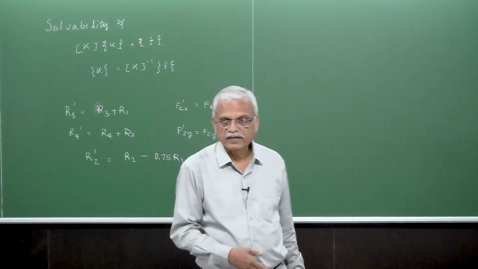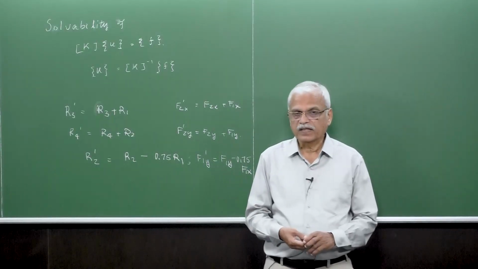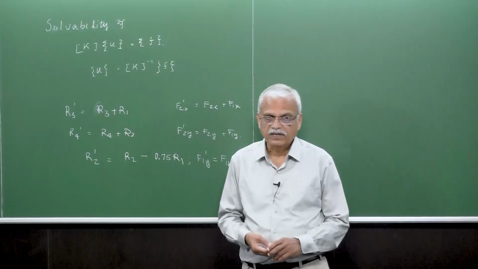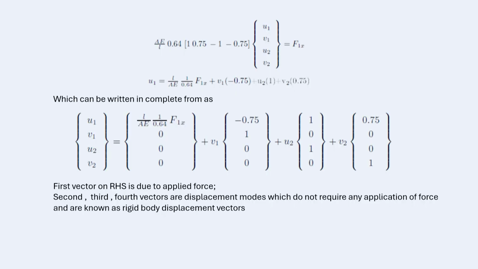In fact, we will say that there is only one independent equation and all other three equations depend on this one. So we can take the first equation, and if you just look at it, it is AE by L. 0.64 also can be taken outside if you want.